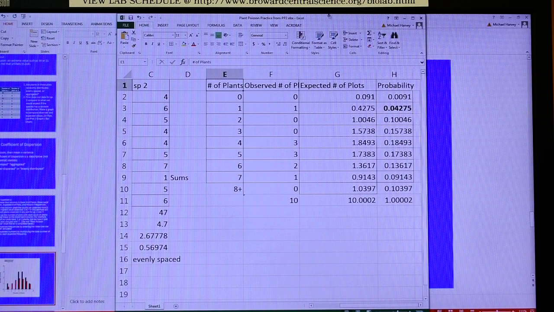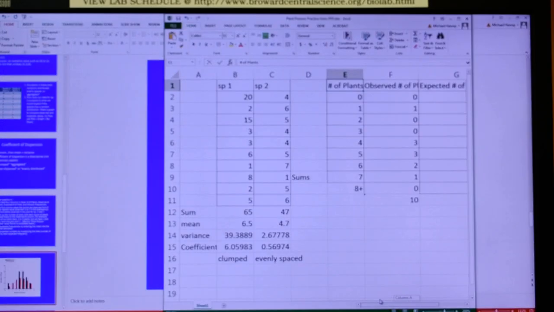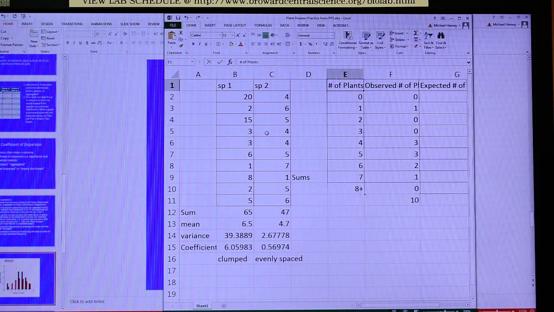Let's first talk about our number of plants data entries. You go back and look at the counts for this species. Here are the counts for species 2. In all of my plots, how many have 0? Notice none of them have 0.